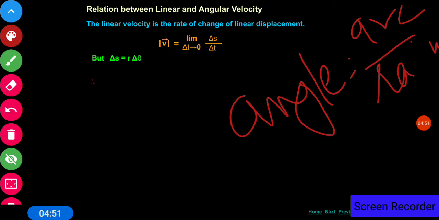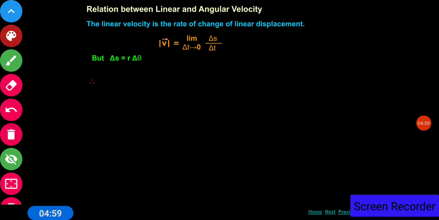So arc is equal to angle into radius. The angle is del theta and the radius is r. So del s is equal to r del theta. So in place of del s upon del t, we can write v is equal to limit del t tends to 0 of r del theta upon del t.